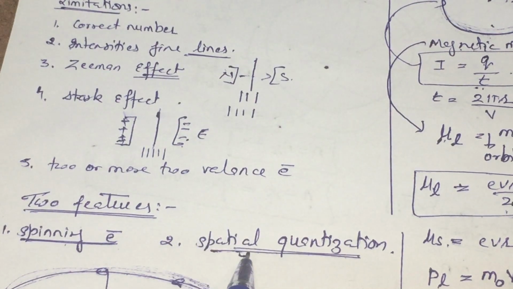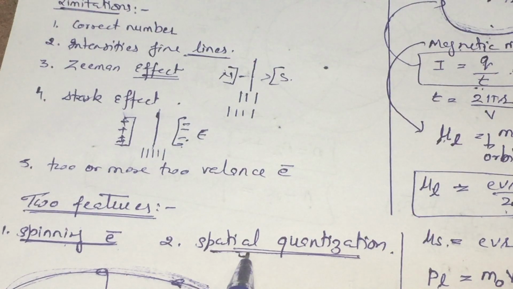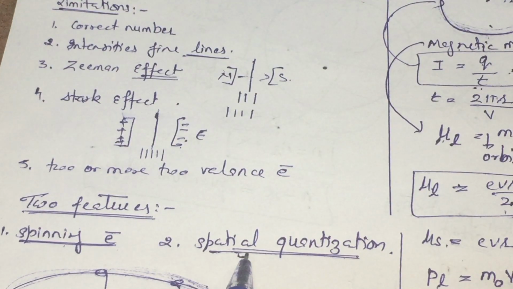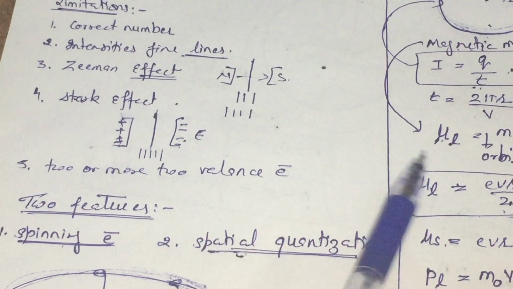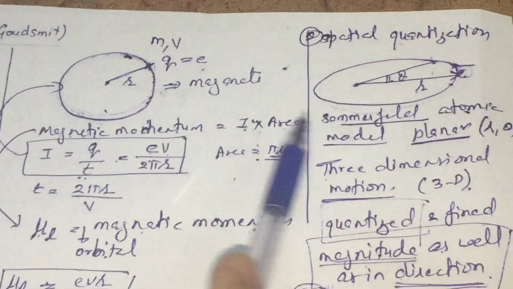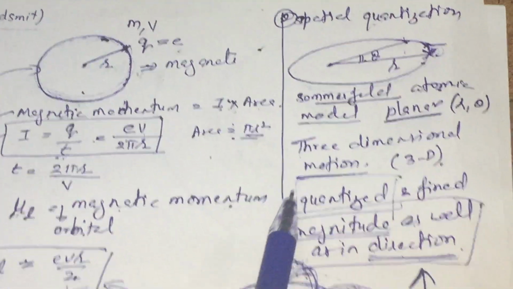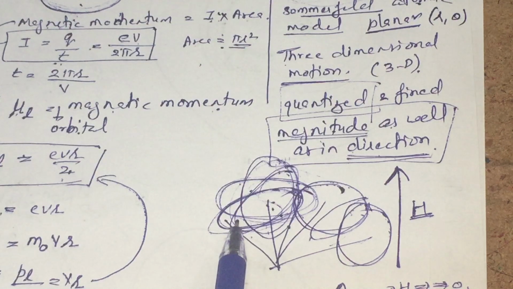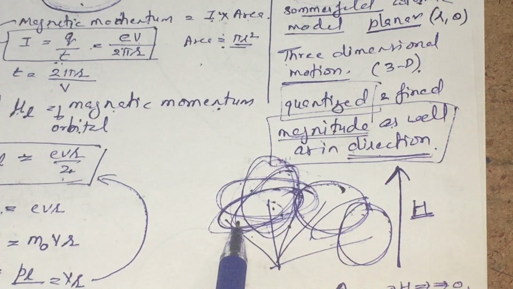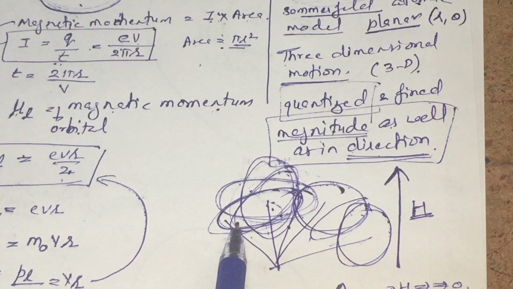The second feature introduced by the vector atomic model is that the elliptical paths are three-dimensional paths, and these three-dimensional paths are not of infinite number. They are fixed in space, they are quantized in space, they have fixed magnitude as well as direction.